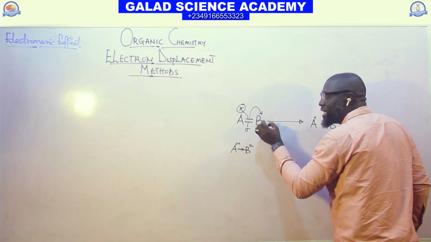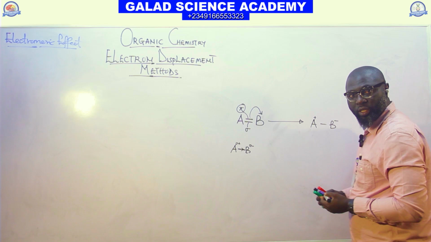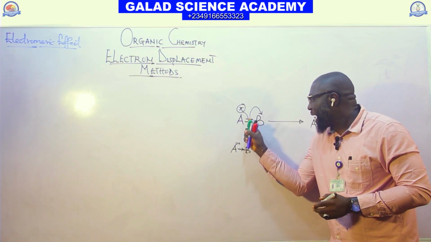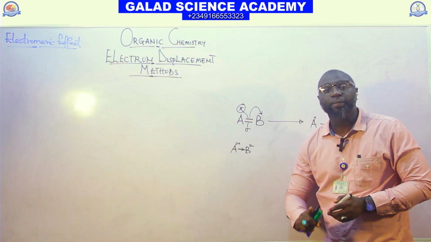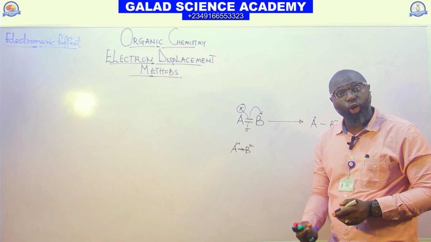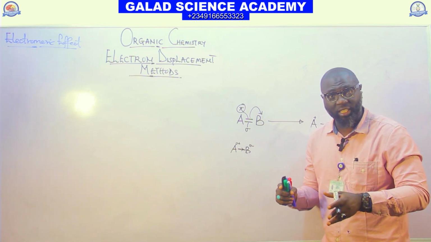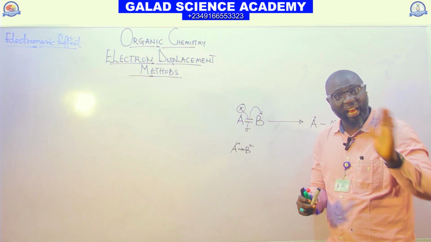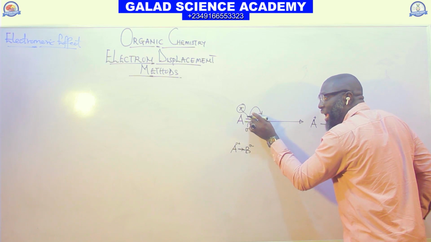But what is the scenario that makes this pi electron shift to B? Remember Newton's first law of motion, the law of inertia: every object continues to stay at rest or in motion unless an external force acts on it. There is a particular force that acts on this pi electron.